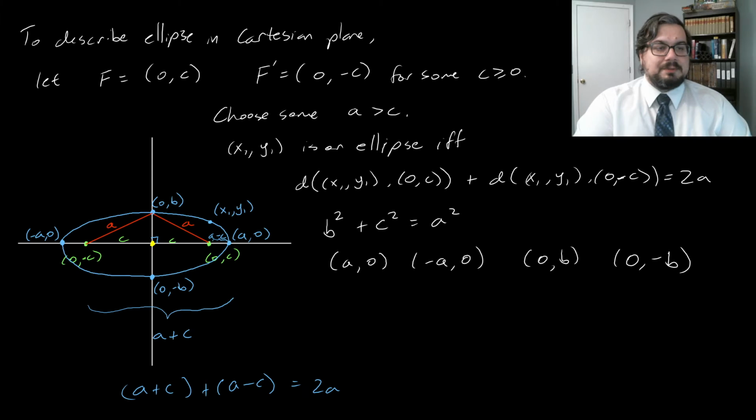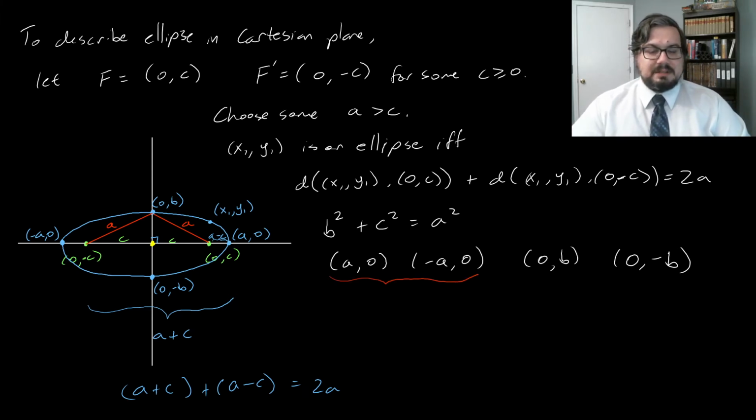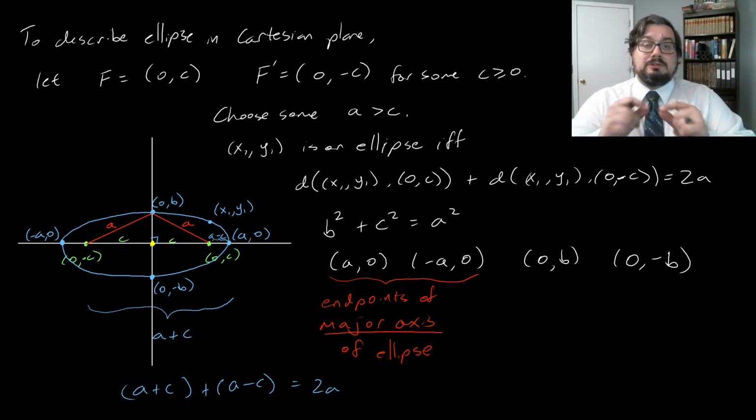And we've got names for these also. The points a comma 0 and negative a comma 0 are the endpoints of the major axis of the ellipse. The major axis of the ellipse is the longest segment that you can draw going through the center of the ellipse and to opposite sides of it.